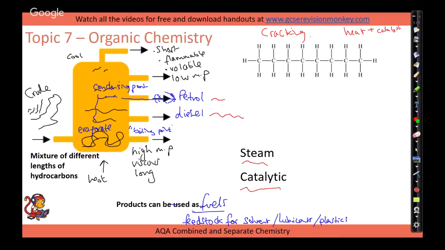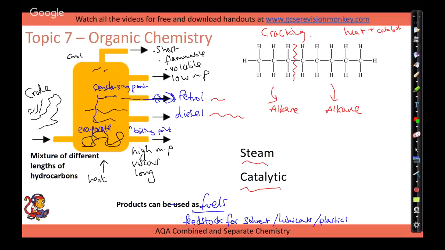And they could break anywhere. So let's take this as an example. We could break that molecule here, and it would make an alkane and an alkene. So let's say, for example, this one is going to be our alkene.